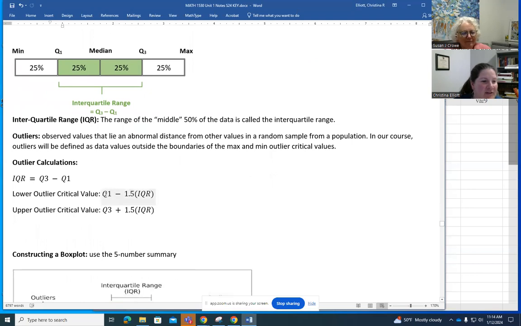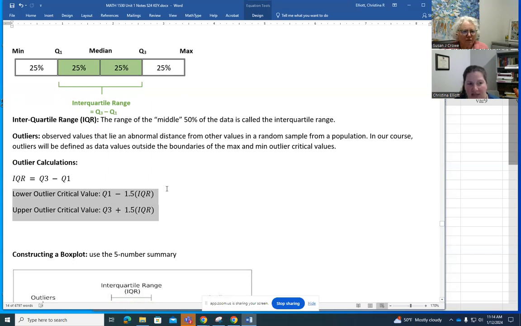To determine outliers, we take the interquartile range, which is Q3 minus Q1. It's the range of the middle 50%. I use that in these calculations. If I take Q1 and subtract 1.5 times the interquartile range, that gives me a cutoff, and anything below that is considered an outlier.